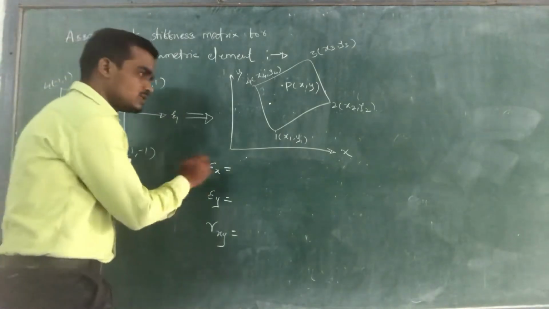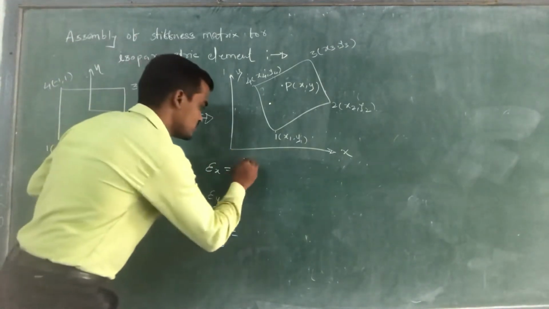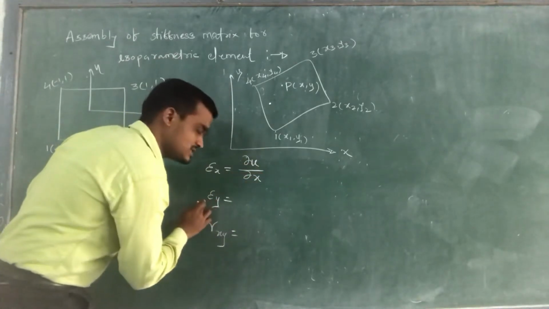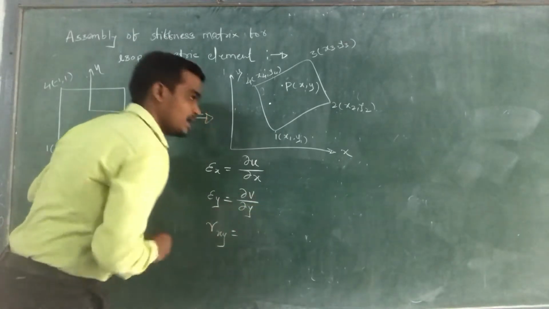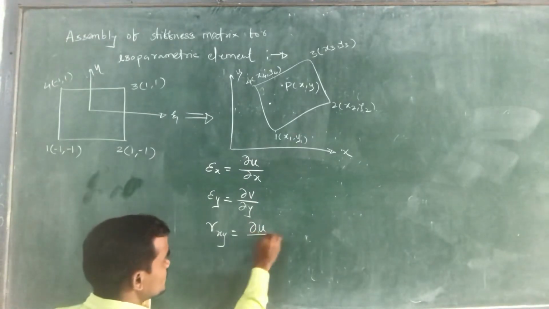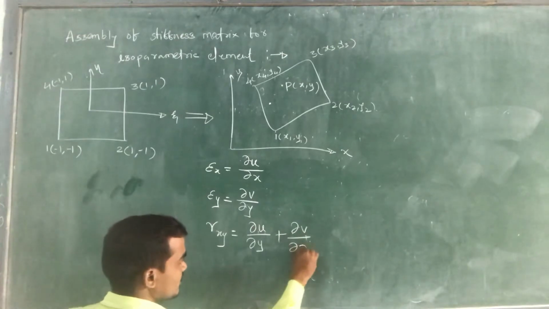The strain in x direction is given by dou u by dou x. Strain in y direction is given by dou v by dou y, and the shear strain is given by dou u by dou y plus dou v by dou x.